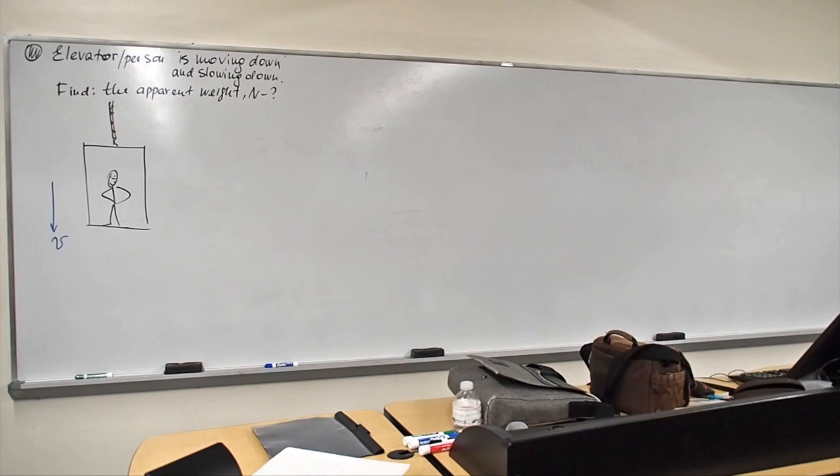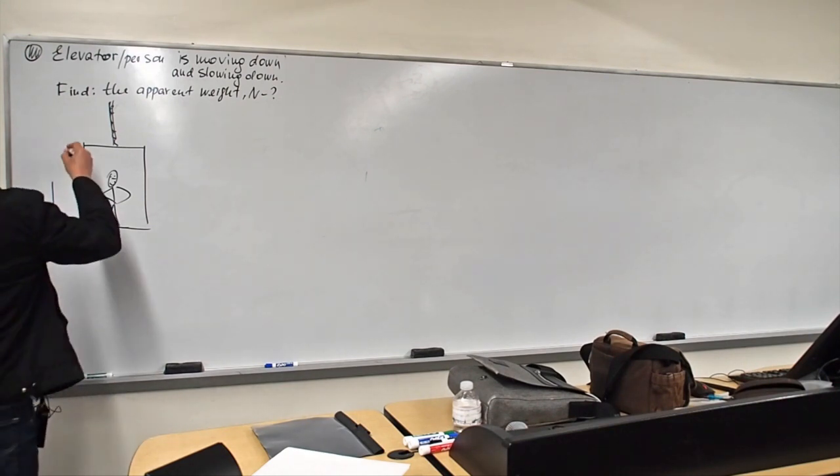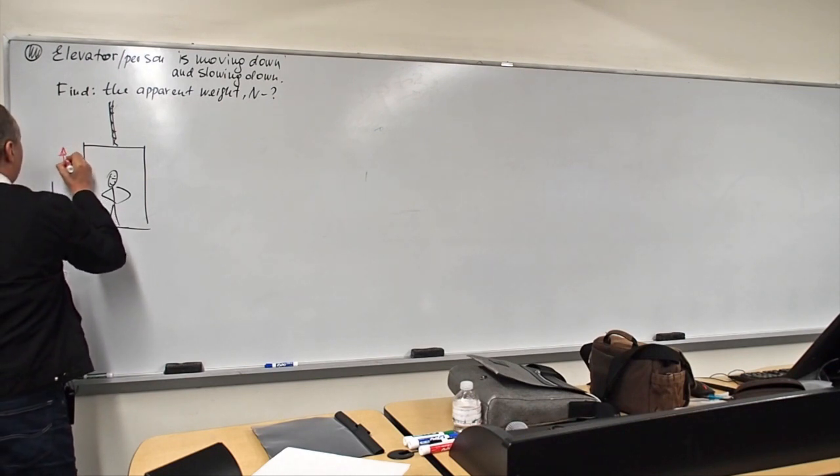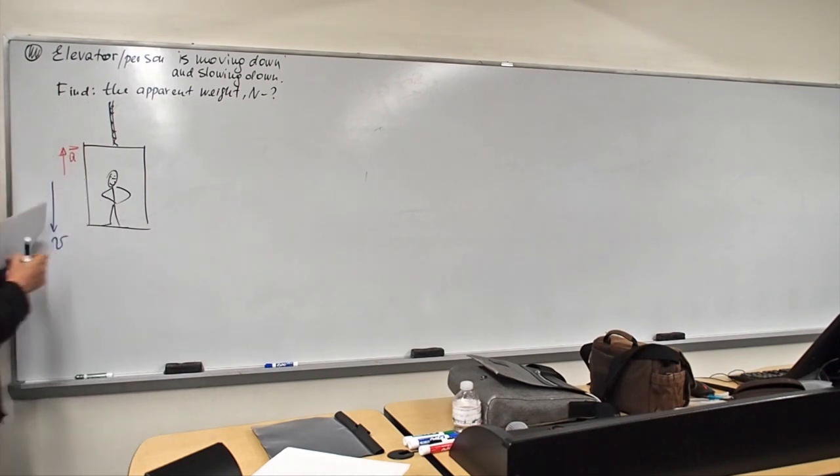But what about acceleration? Direction of acceleration: up. It slows down, it means it's opposite to the direction of the velocity, right? It's like when you press the brake on the car, you still move forward, right? Velocity is still forward, but you're slowing down. It means acceleration in the opposite direction, right? It's the same story here. Okay, so as a result, I can say that acceleration is upward.